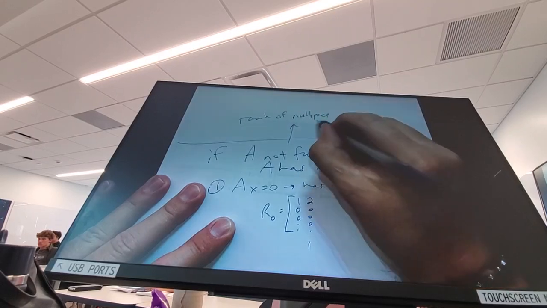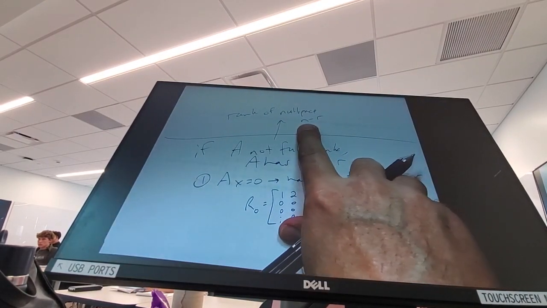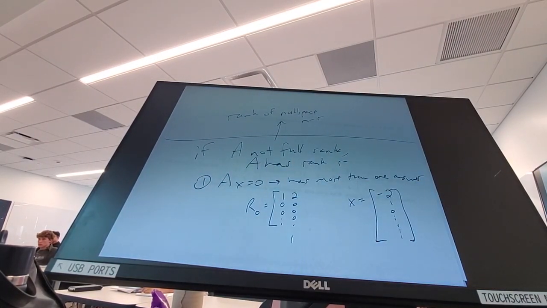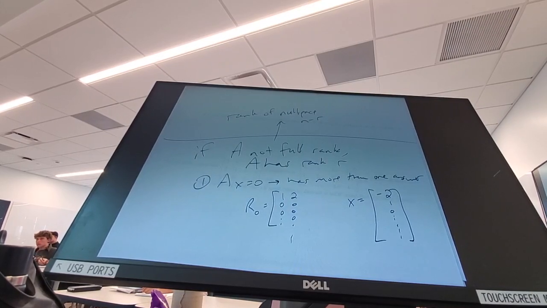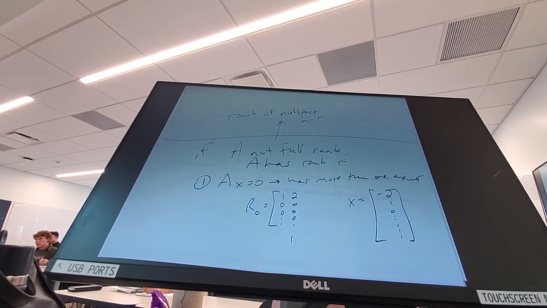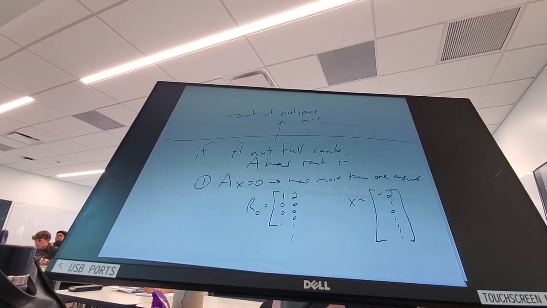Full rank would be N. I lost R of those, right? So the leftover goes into the null space, yes? If I have R in my column space and my row space, because those are the same size, then the N minus R must have gone into the null space.